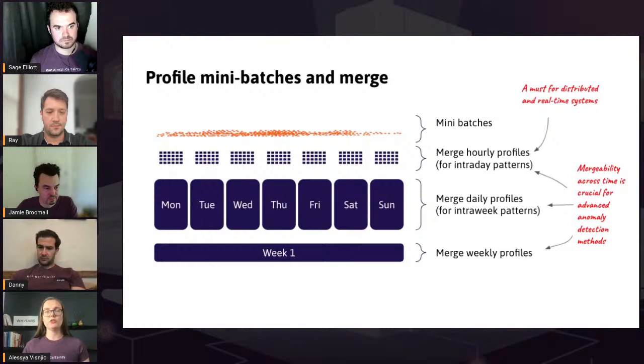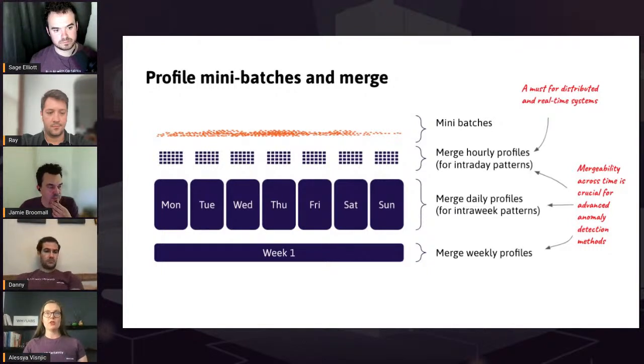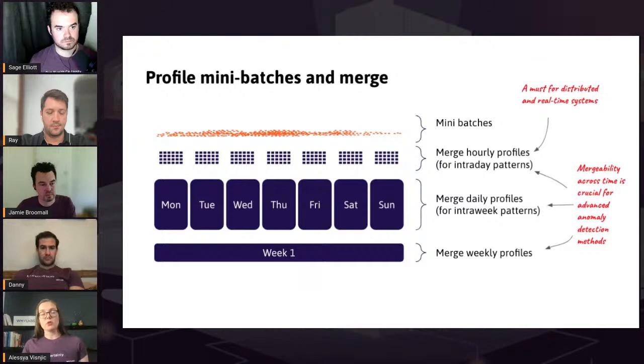What you want to do is organize all of these pretty sporadic mini batches into something meaningful, organized in a meaningful time frame. So you want to merge the mini batches into hourly profiles, for example, so you can do intraday patterns when you're monitoring, or merge them into daily profiles or weekly profiles.